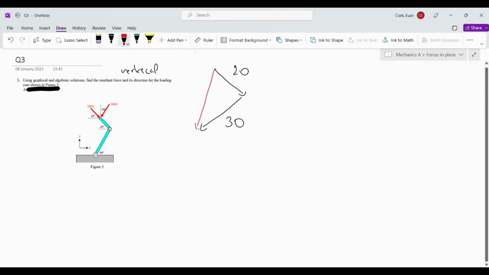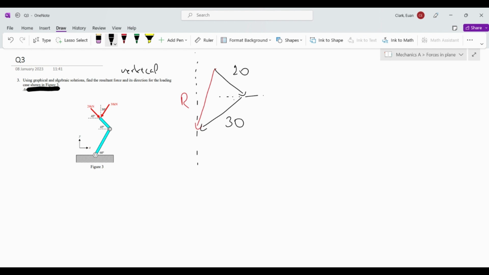This is not exact. This is going to be our vertical axis. In terms of angles, this is the most critical one, between the two forces.